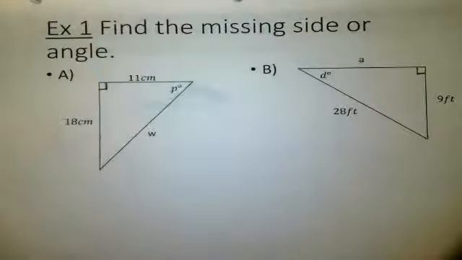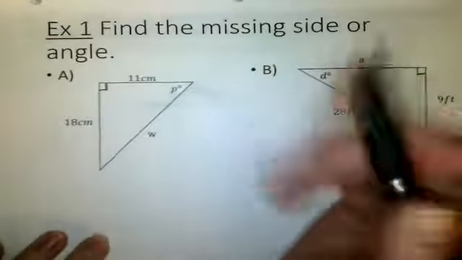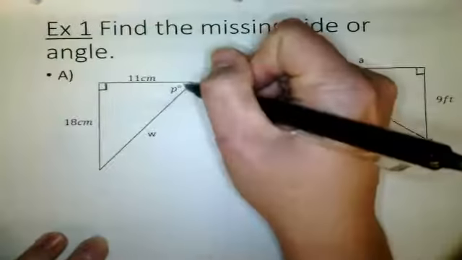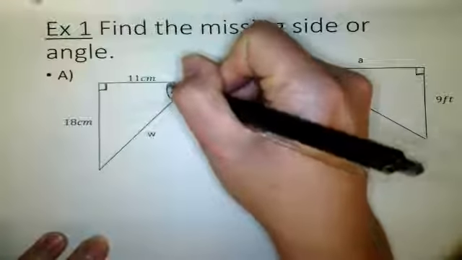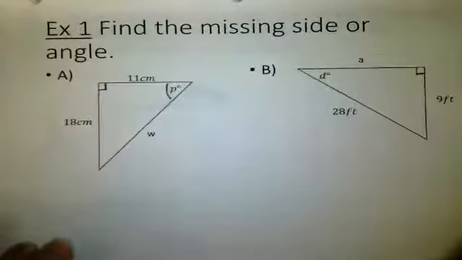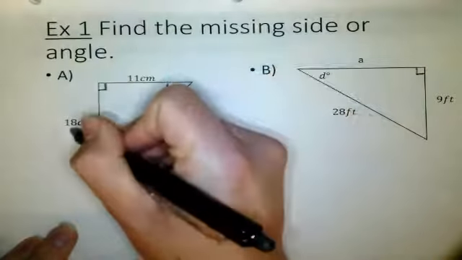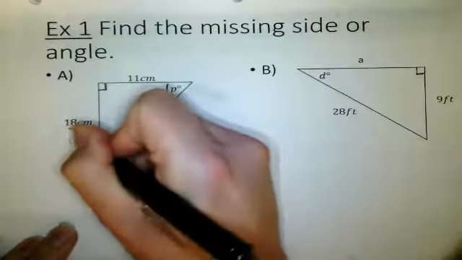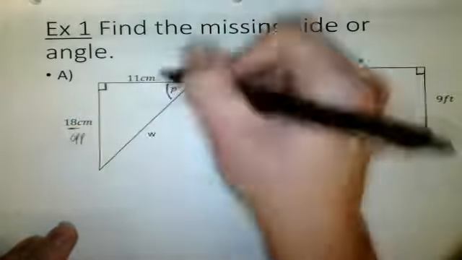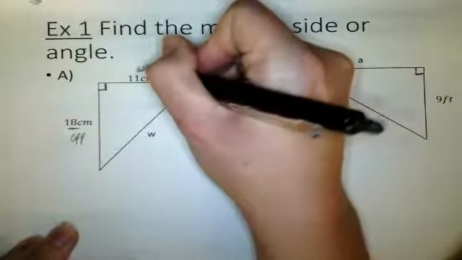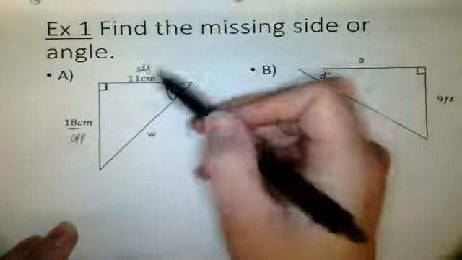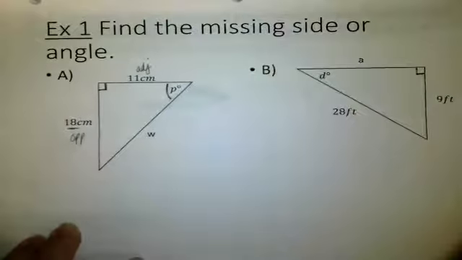And so first, we want to find this angle measure, angle P. If I want to know that angle, then this 18 would be called the opposite side, right? And 11 would be called the adjacent side. Which trig function uses opposite and adjacent? Tangent.